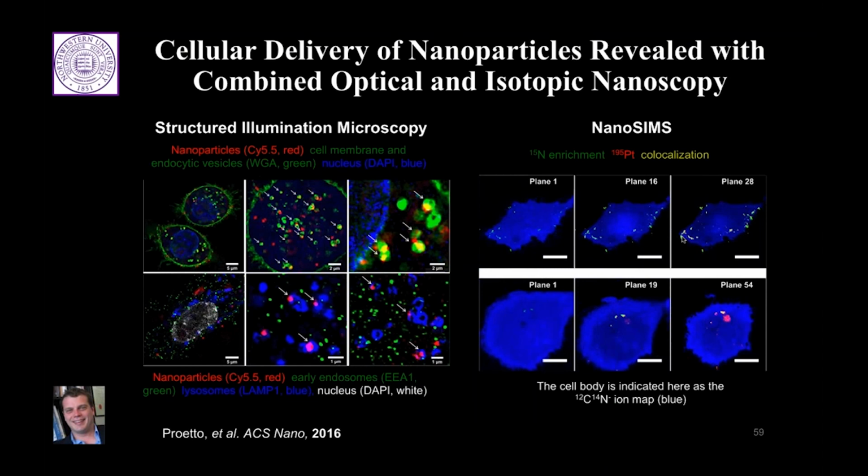And so just very briefly, we've been able to image particles as they enter cells through endosomal pathways. The particles themselves, in this case, when they get taken up by cells, are trapped within different compartments, but the drug leaks out. And we're able to track that using this kind of correlative or combined isotopic and optical nanoscopy or microscopy, in this case using something like NanoSIMS, which is nano secondary ion mass spec, where we can see where the platinum is with respect to the carrier.